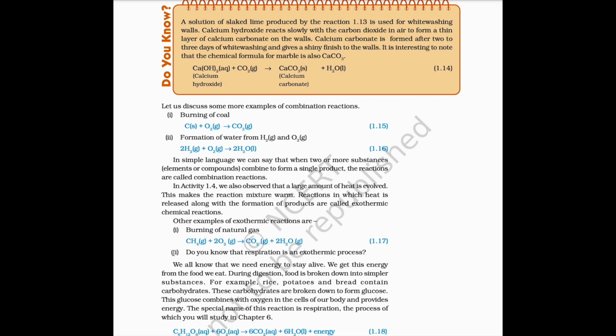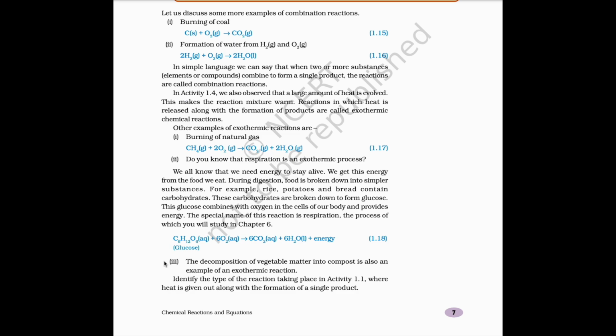Second, do you know that respiration is an exothermic process? We all know that we need energy to stay alive. We get this energy from the food we eat. During digestion, food is broken down into simpler substances. For example, rice, potatoes, and bread contain carbohydrates.